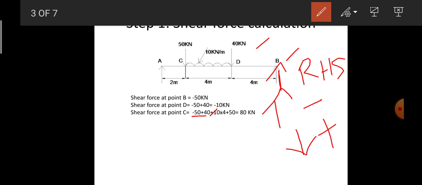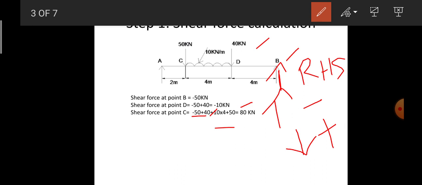Next is the uniformly distributed load. For shear force we only have to convert that UDL to a point load. The force is 10 kilonewton per meter and the distance is 4 meters, so 10 into 4, which is acting in downward direction, hence it is considered positive. The last one is exactly on point C, where we have the load of 50 kilonewton. It is in downward direction, so it is considered positive.